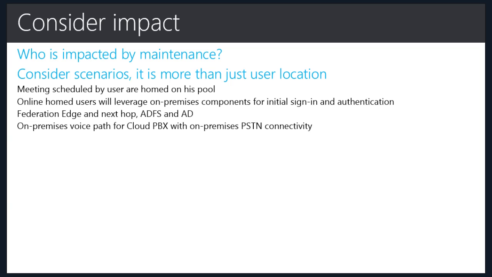While we do not have any hard guidance or supportability criteria that tells you must update your servers within 1 or 2 hours, it's very strongly recommended to complete the entire patching of a single pool, be it a front-end pool or any other pool, within the shortest possible time frame.